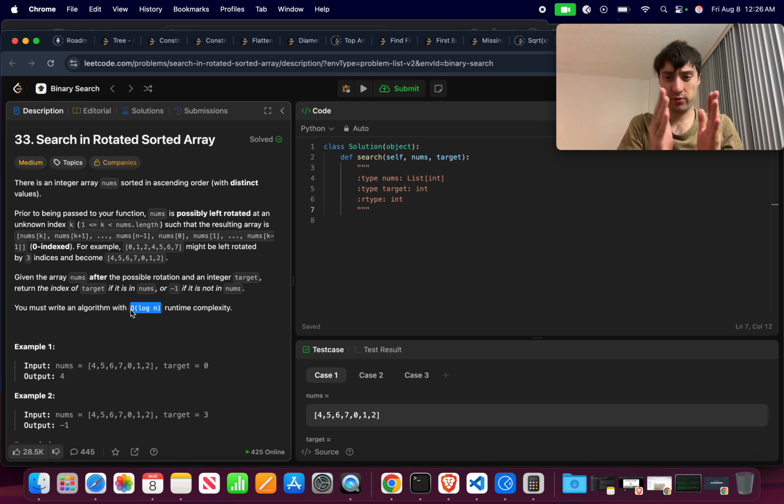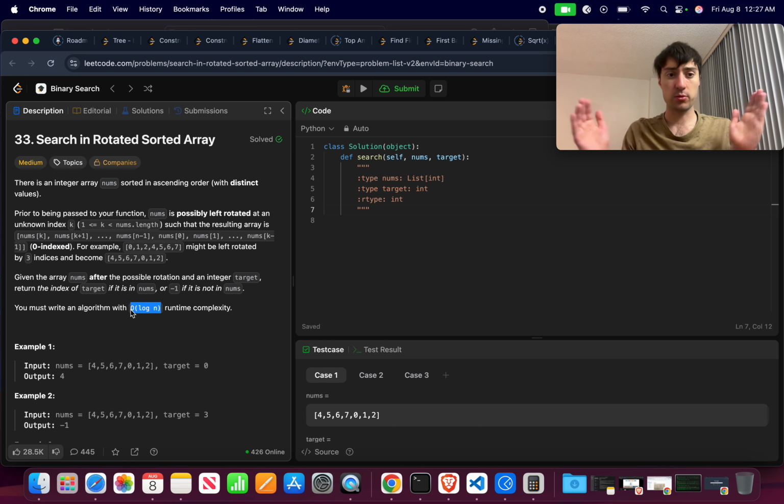Because if you have your midpoint and you have your ending point, if your midpoint is lower than your left point, your start, then you know that the pivot occurred somewhere in this region and not the other region.